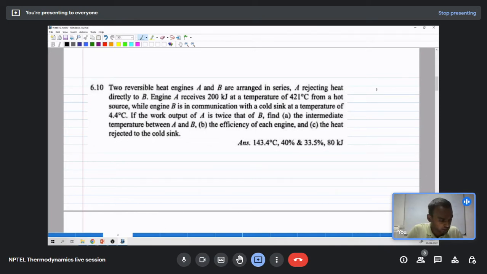So we have a heat engine A. This is rejecting heat directly to, we say, a thermal reservoir, and then from the thermal reservoir it goes to heat engine B. So this gets heat from a high temperature reservoir of 421 degrees Celsius.